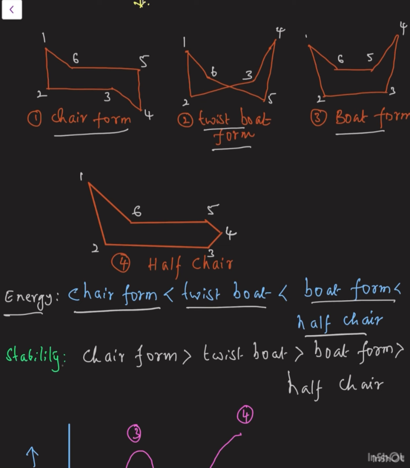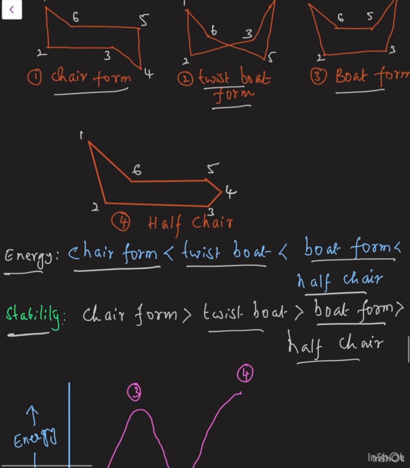Stability is more when energy is less, inversely proportional. So the stability order becomes: chair form is more stable, energy is less, then twist boat form, then boat form, then half chair form.